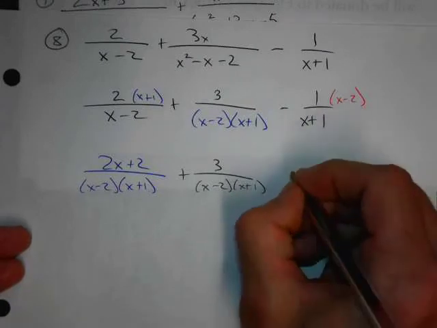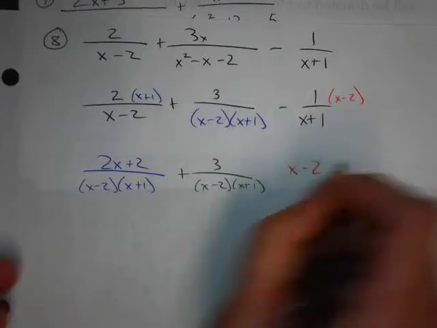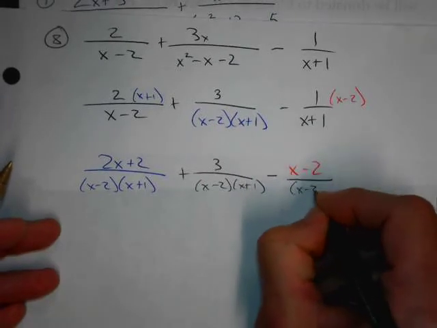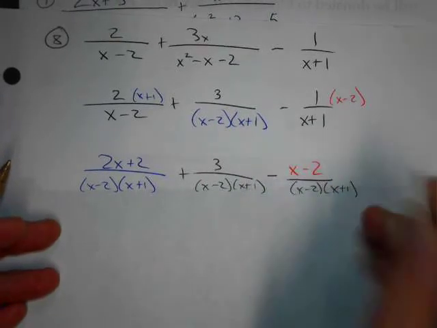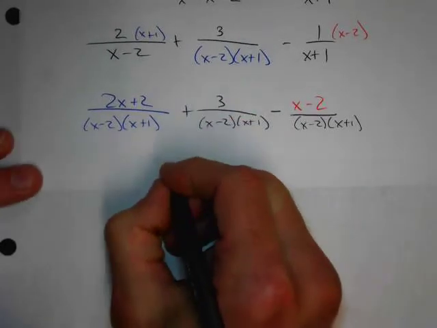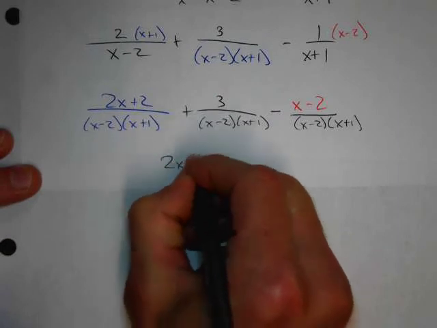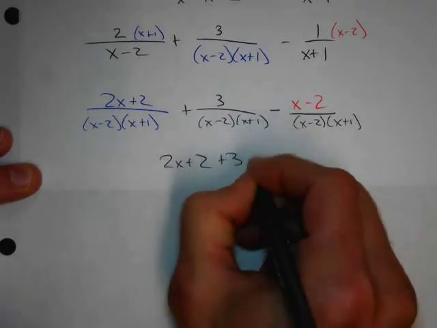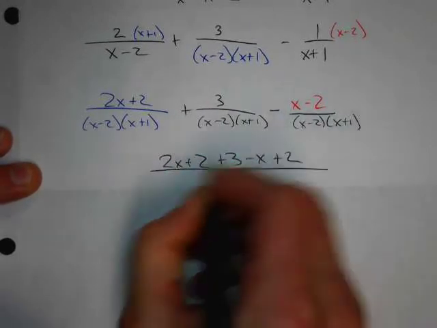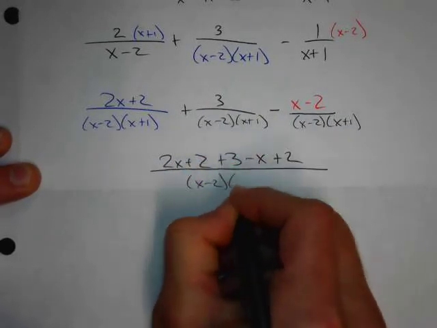Then I'll have x minus 2 in the numerator, but don't forget, I am subtracting it over our common denominator. Now I'm going to put all of these together: 2x plus 2 plus 3x minus x plus 2, all of that over our common denominator.